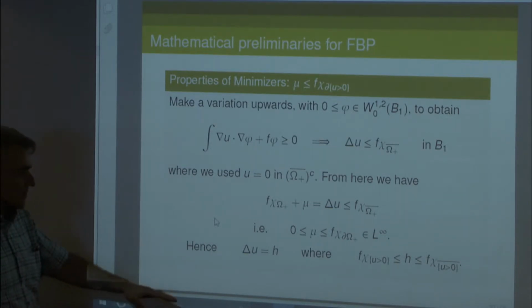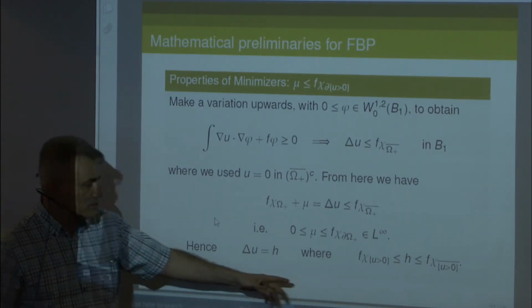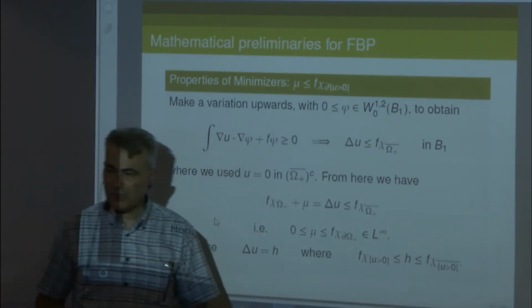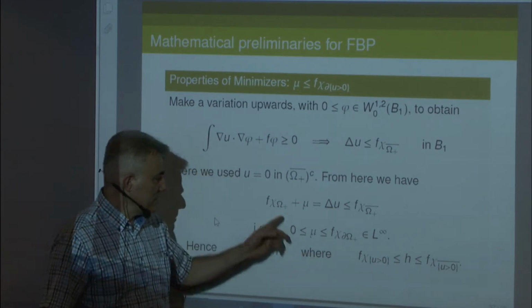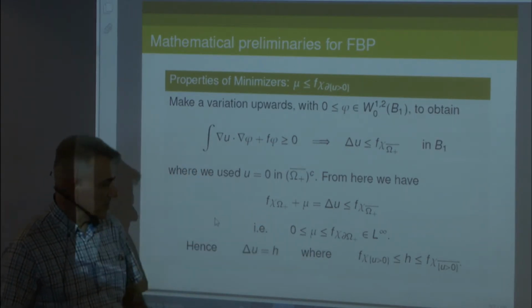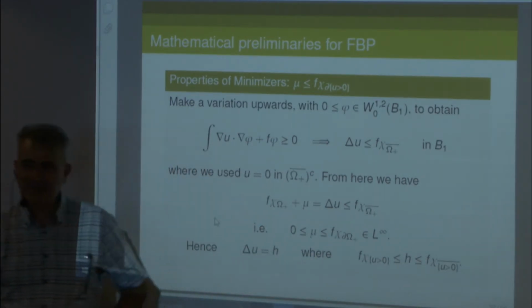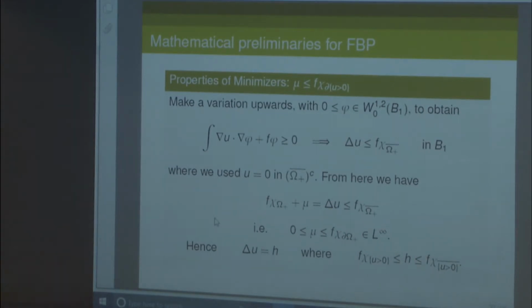Okay? Pay attention to this. The Laplacian of u is h, and h is between these two functions. Here u is strictly positive, which is exactly omega plus. I'm just rewriting it. I don't know why I'm rewriting it, but it's omega plus. I could have used the same notation.